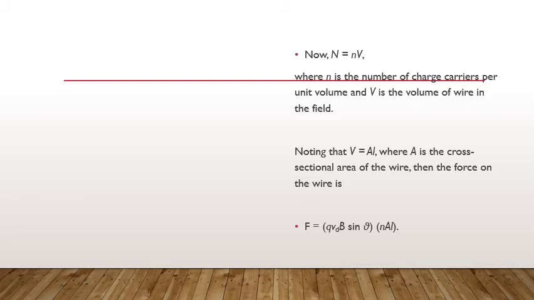Here capital N is basically the number of charge carriers, and if you define another term, small n, the number of charge carriers per unit volume, and V is the volume, then this can be written like this.